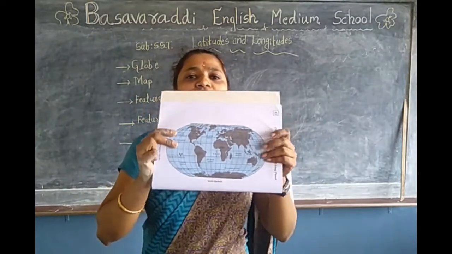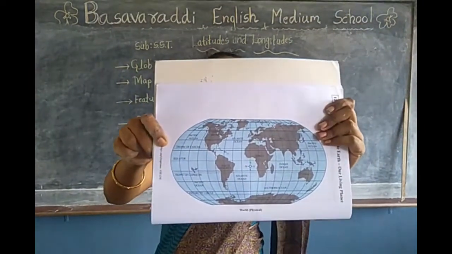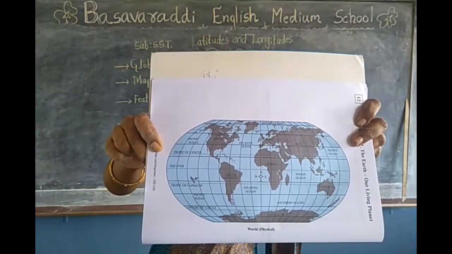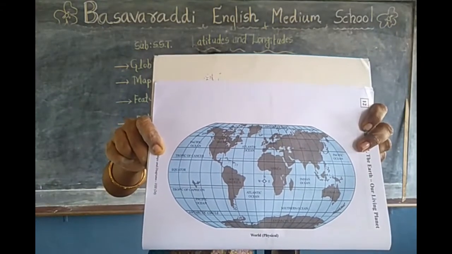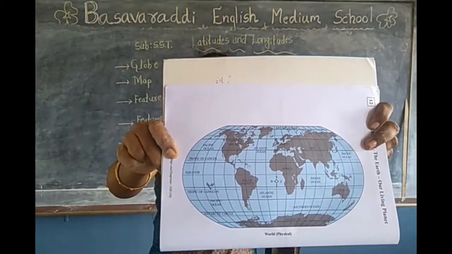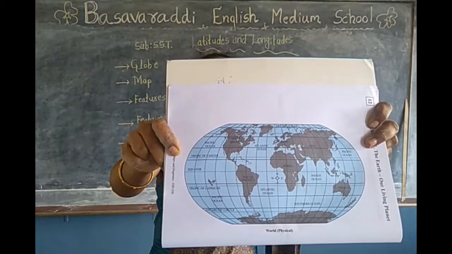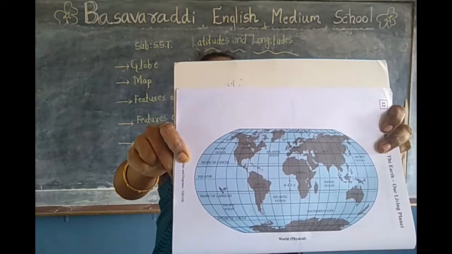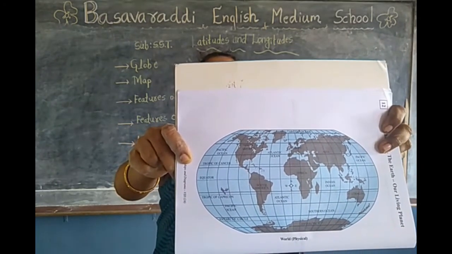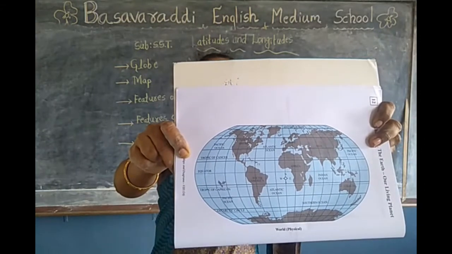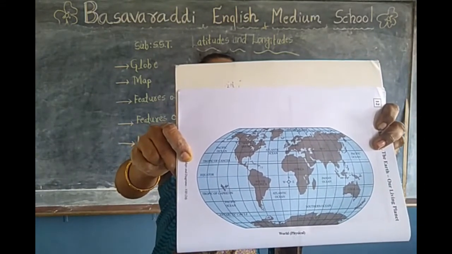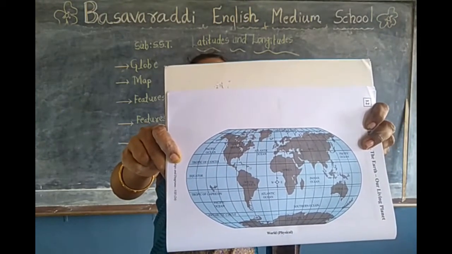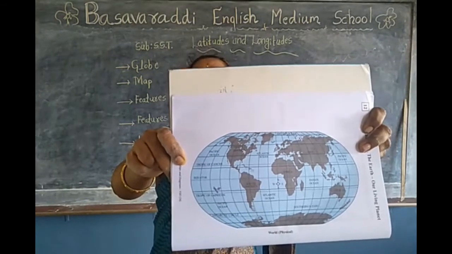For example, Delhi is located on a map where 28.38 degree north latitude and 77.12 degree east longitude cross each other. So the location of Delhi is 28.38 degree north, 77.12 degree east.